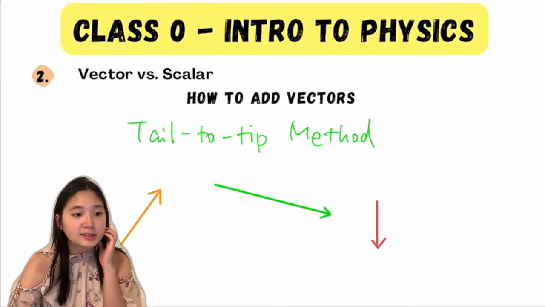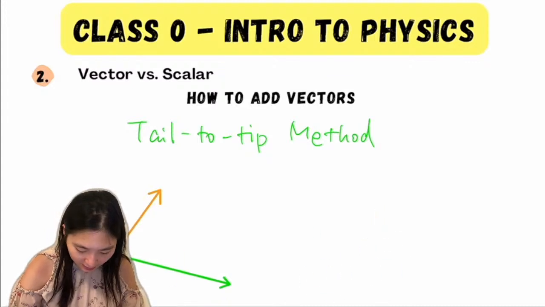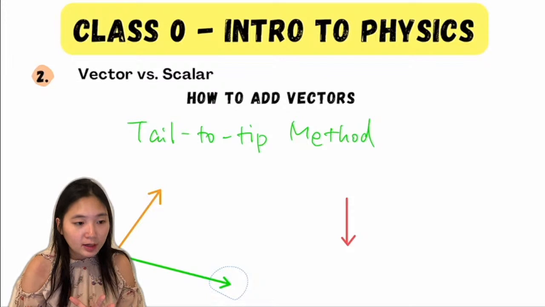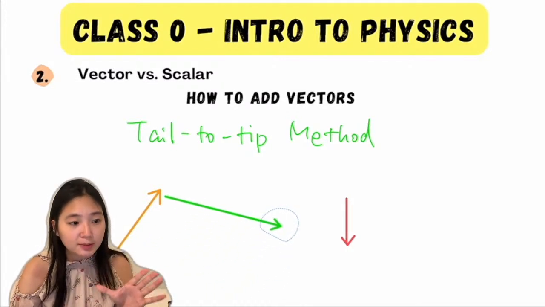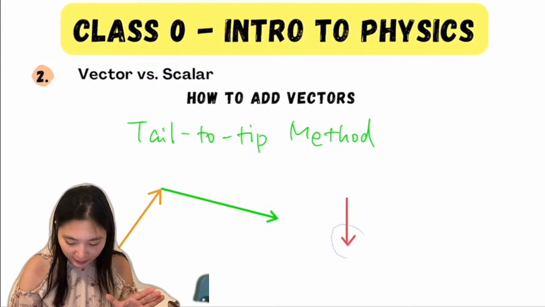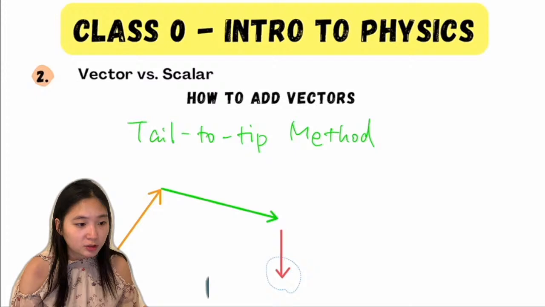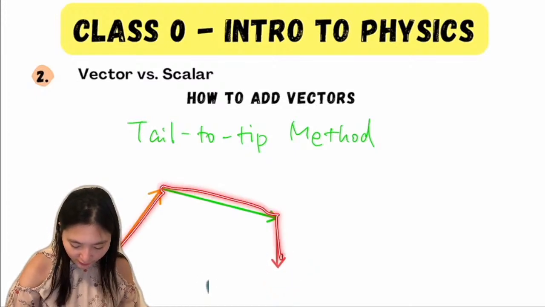Then, instead of putting all of them together on the same tail, I just connect them one by one. I connect the tail of the second vector to the tip of the first vector, and then the tail of the third vector to the tip of the second vector.